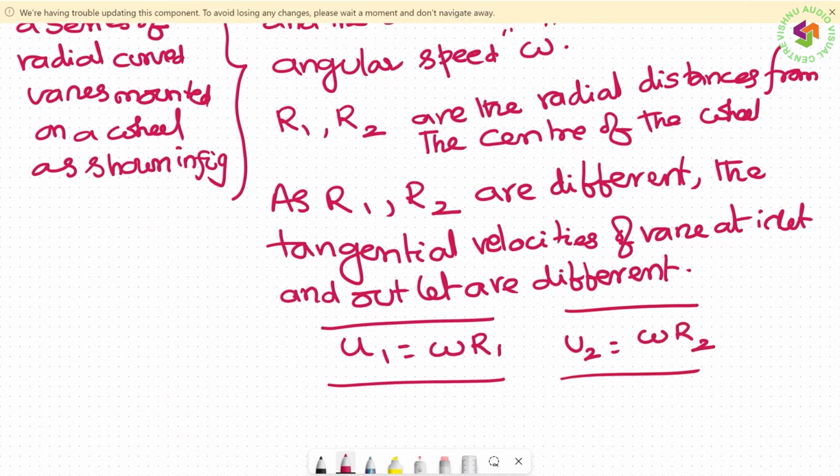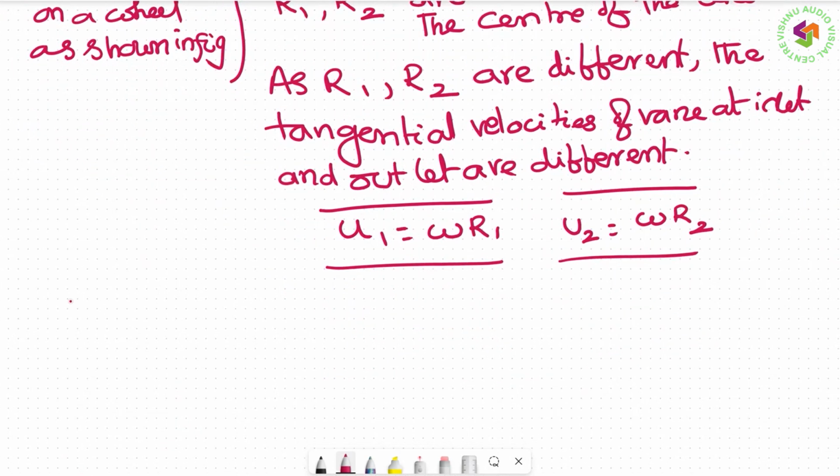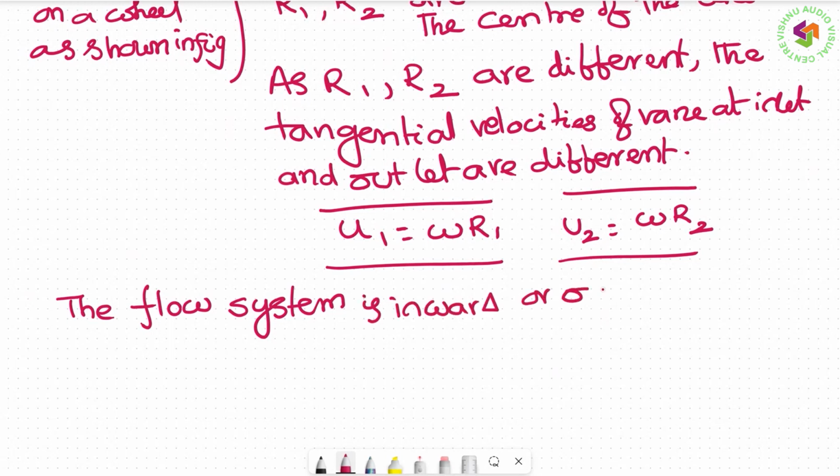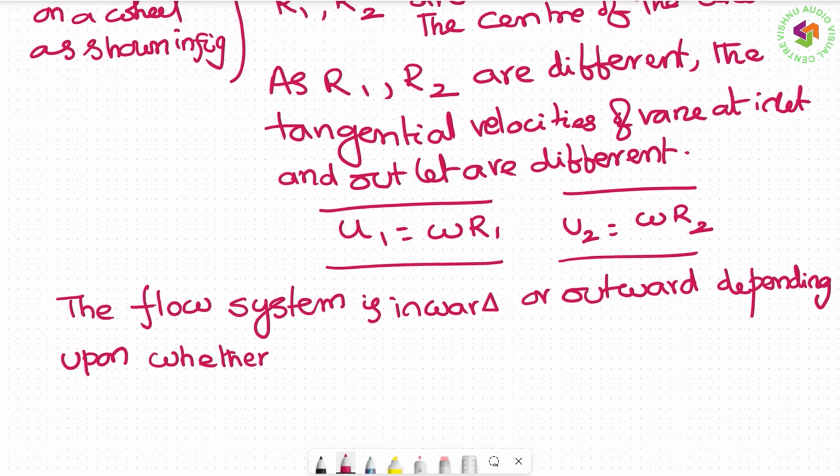This is the first thing. Then the flow system is inward or outward depending upon whether the jet enters at the outer periphery.